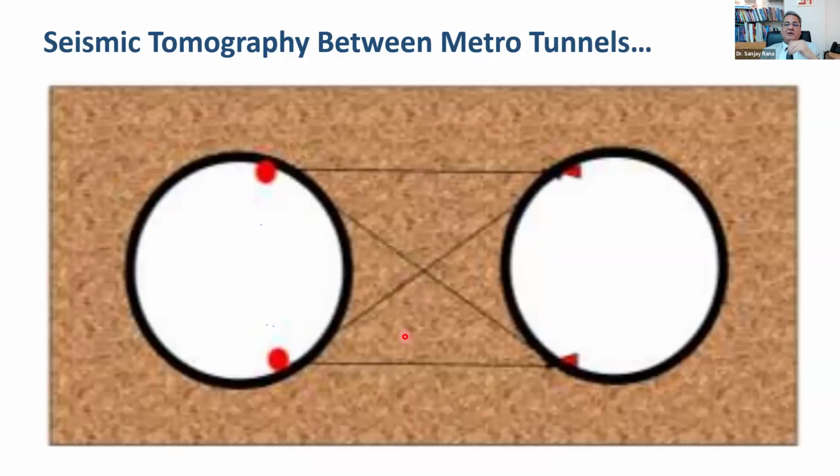This is a project which we did recently. There were twin tunnels for metro, and they knew that a few voids had developed between these tunnels. So these are tomography which has been done between the tunnels. So this is one receiver source like this. 4 planes have been done between these twin tunnels.